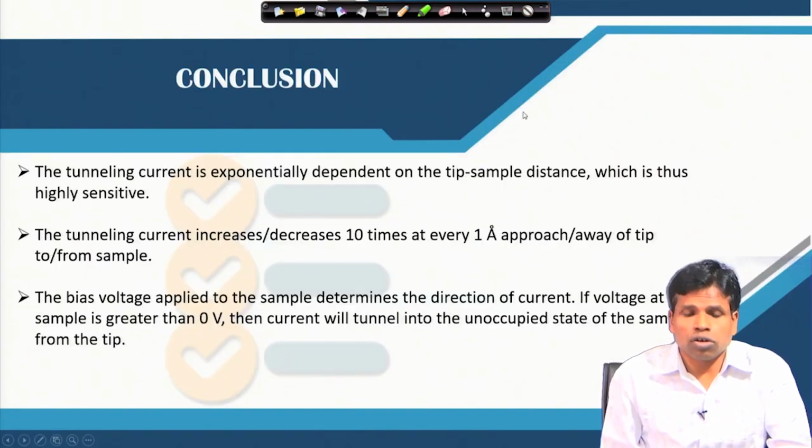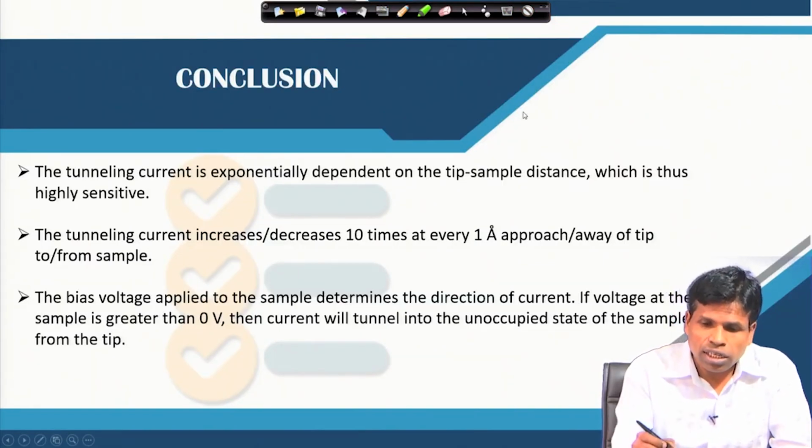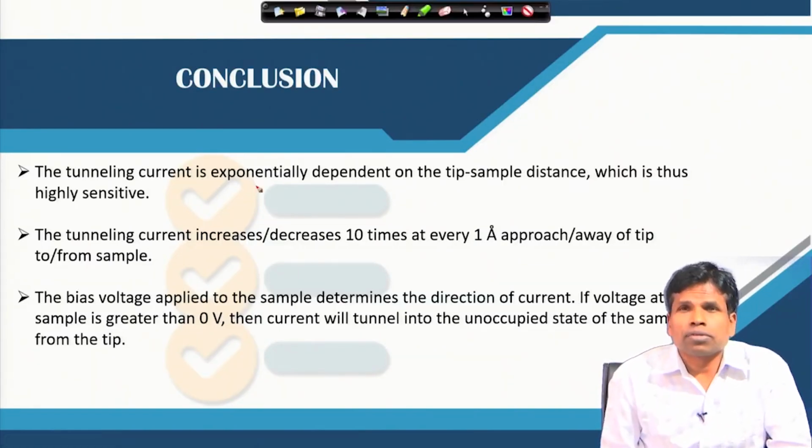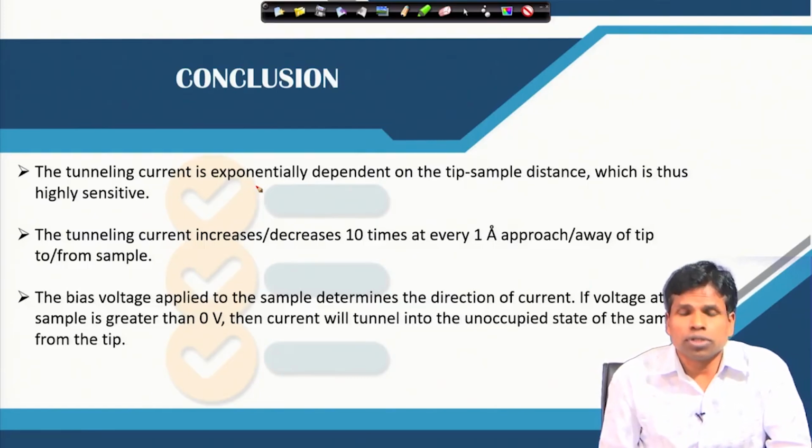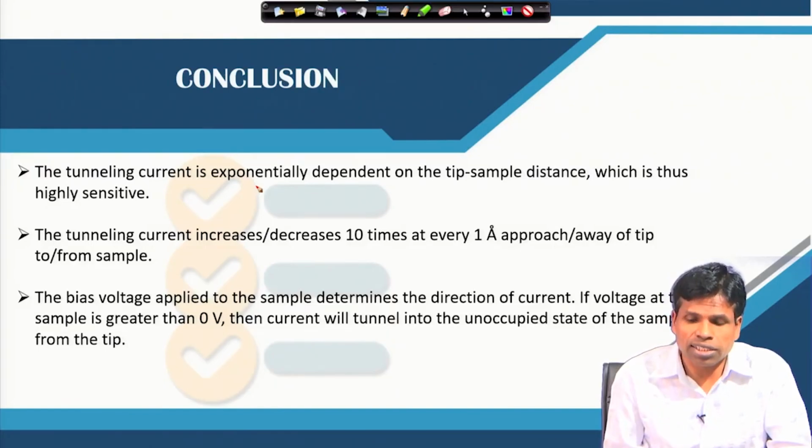The conclusion of today's lecture is that the tunneling current, or the transmission coefficient, which is equivalent to tunneling current, depends exponentially on the tip-sample distance, and is very highly sensitive.